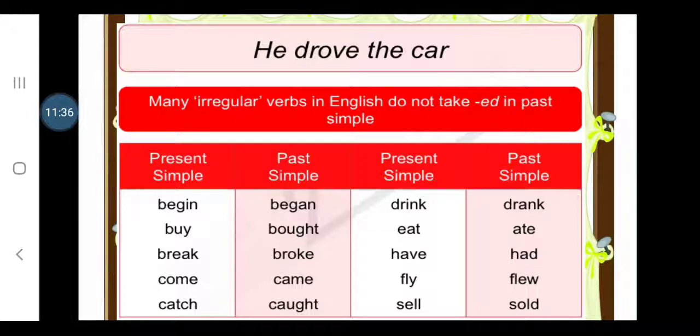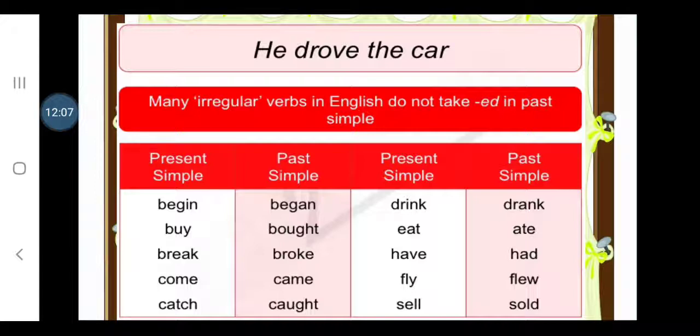Buy, bought. Break, broke. Come, came. Catch, caught. You see that? It is talking about present simple and past simple, but we have no ed or d at the end because they are irregular verbs. Irregular verbs just simply change form to indicate the past.